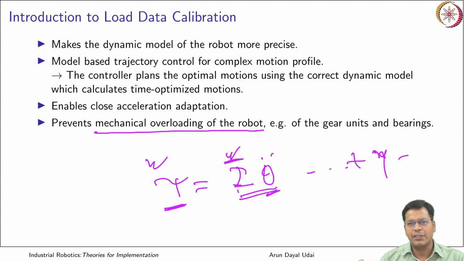The whole mechanical system may get overloaded, right? Right from the foundation to the joint at the end. So the whole system is under stress in that case. You can prevent that using precise knowledge of your system, the moments of inertia and the masses which are there, right? So that is to be done.